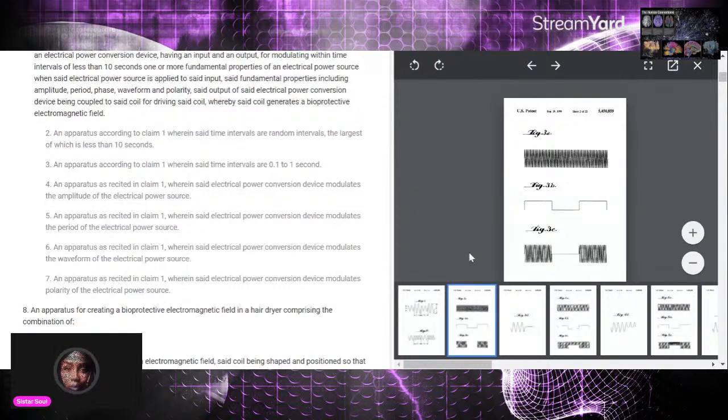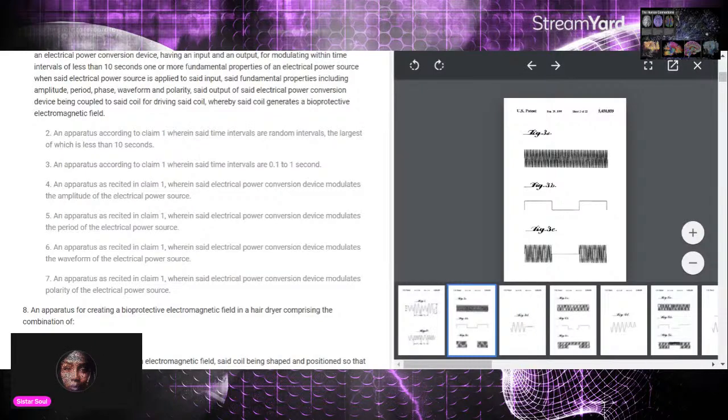An apparatus, according to Claim 1, wherein said time intervals are random intervals, the largest of which is less than 10 seconds. So now having this computer system, this particular patent that they have inverted into this computer, being able to do what? Random intervals. Intervals are random intervals. Less than 10 seconds. That's doing what? That's making a new false electromagnetic frequency, a new false bio protective electromagnetic field that coincides with the computer, making you a part of that particular frequency and energy.